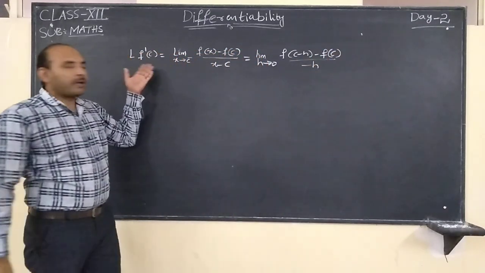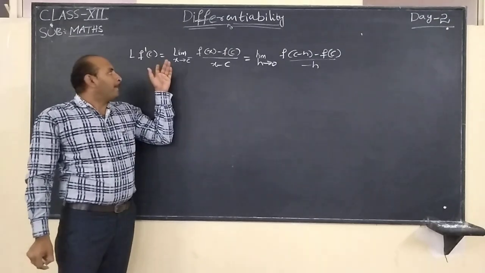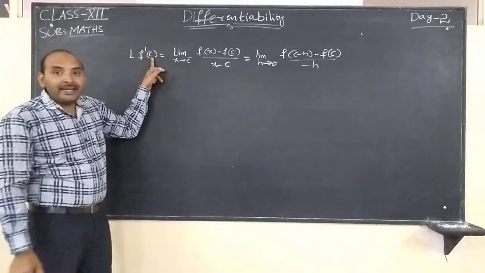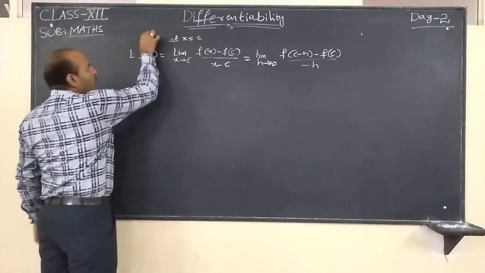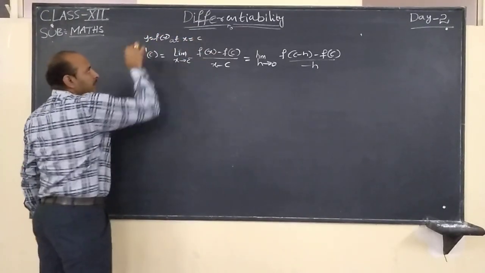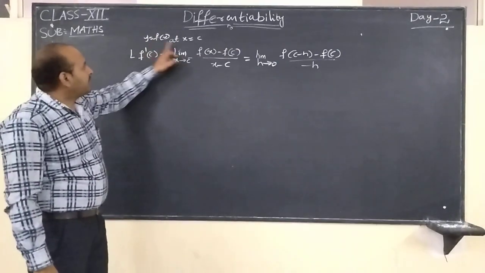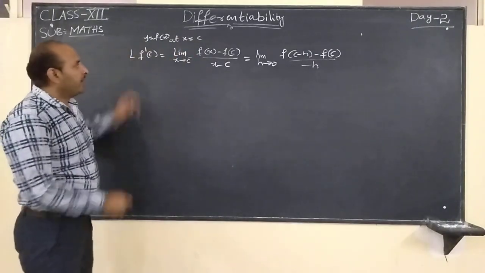This formula is nothing but the left derivative of the function y is equal to f of x at the point x is equal to C. This is the left derivative.